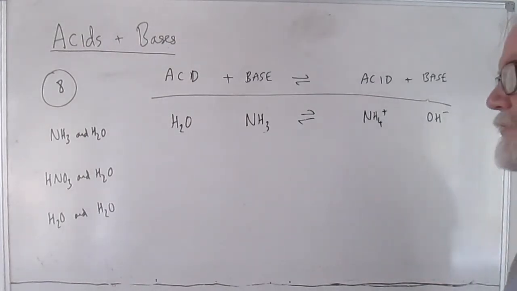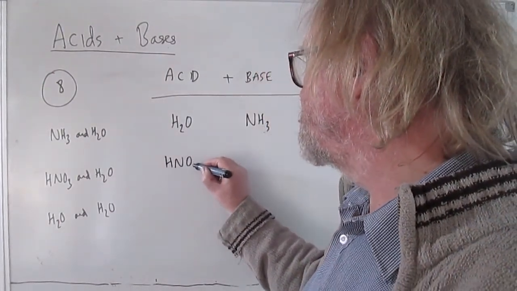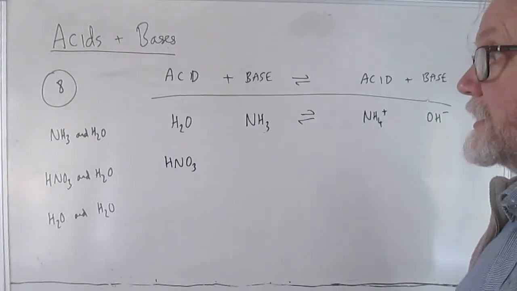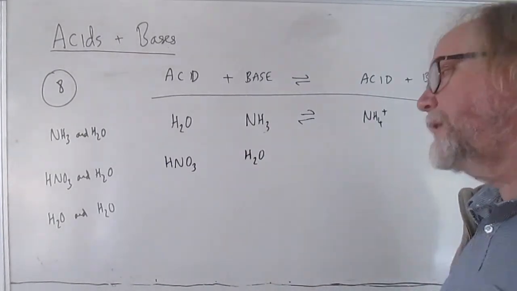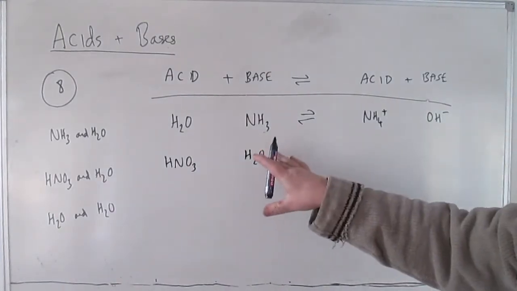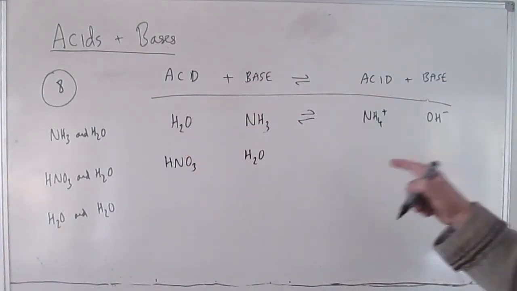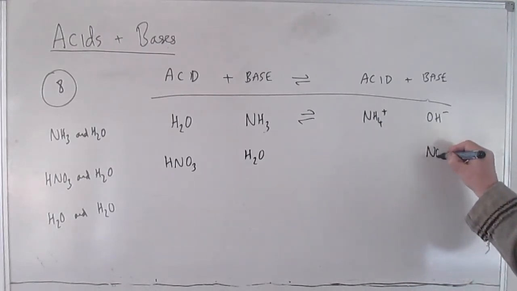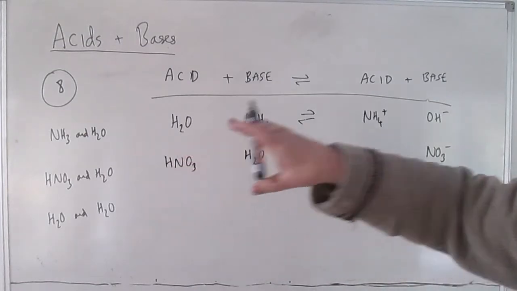So nitric acid and water: we know that nitric acid gives up protons in water, so it donates a proton, so it goes in the acid column, and water functions as the base, because it picks up the H+ ion from the nitric acid. So the conjugate base is NO3-, which is just what happens when HNO3 loses one proton.